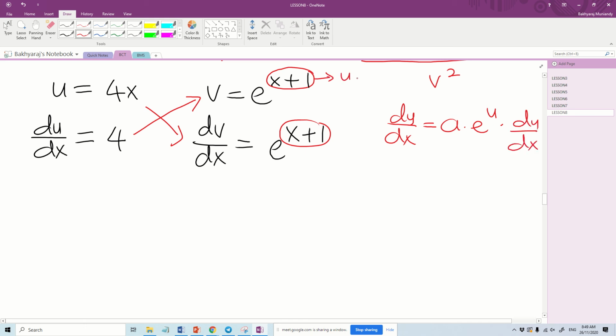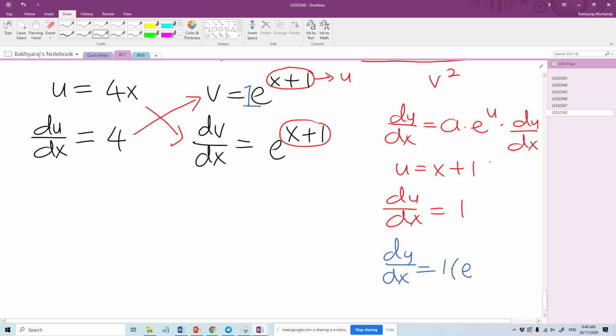u is x plus 1, right? Correct. So when my u is x plus 1, my du/dx becomes what? Equals 1. So when I put it into the formula, my answer will be dy/dx equals, my a is 1 because a here is 1, so 1 times exponent what?